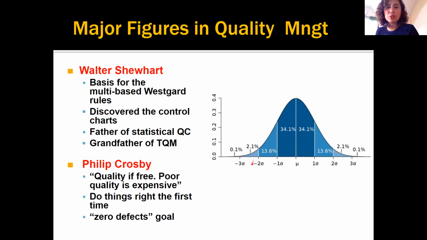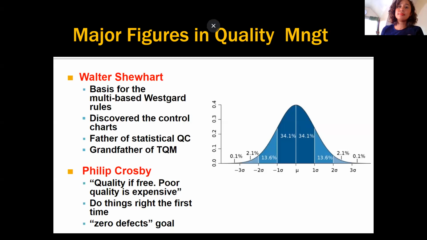And about 2.1% will fall in the 2 standard deviation and only 0.1% should fall in the 3 standard deviation. So this was the basis of Levey-Jennings in making the Levey-Jennings chart.